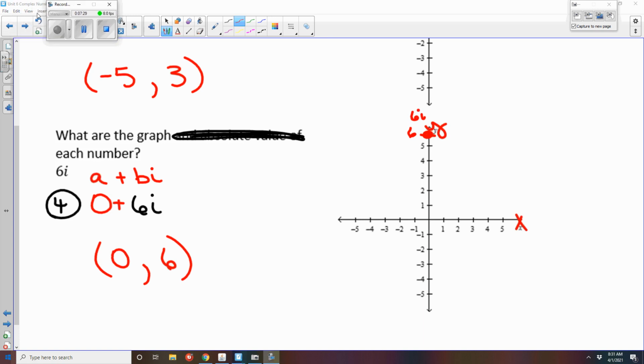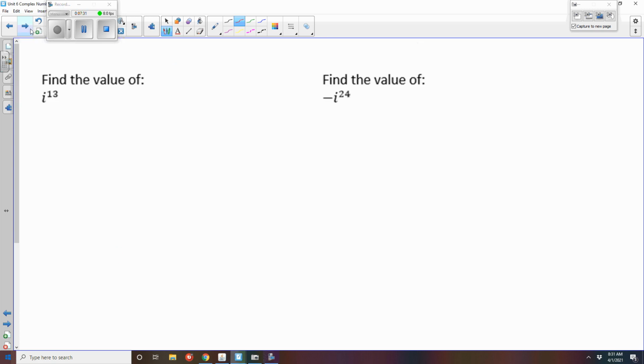So our last set of examples switches gears on us one last time, and wants us to find the value of. At number 5, we're asked to find the value of i to the 13th power. Now, we have to get it into a value we can understand.